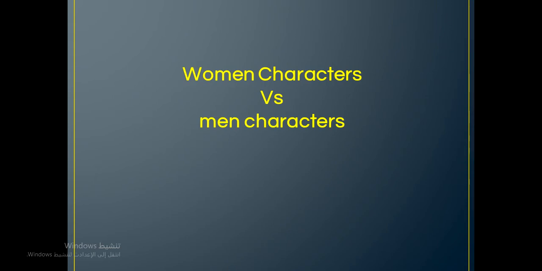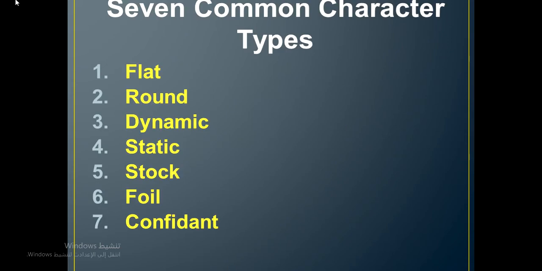So the last thing I'm going to talk about in this video is that there is an overlapping between the characters or the types of character. For example, a flat character could be a static character at the same time, and a flat character could be stock, foil, or confidant.